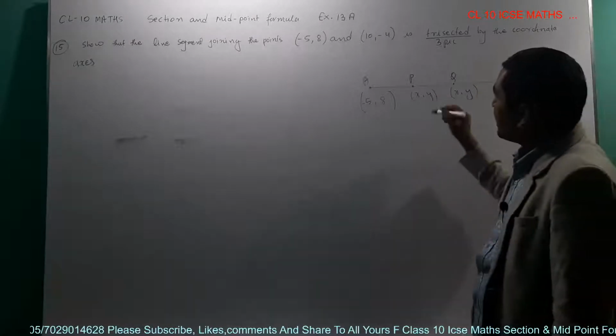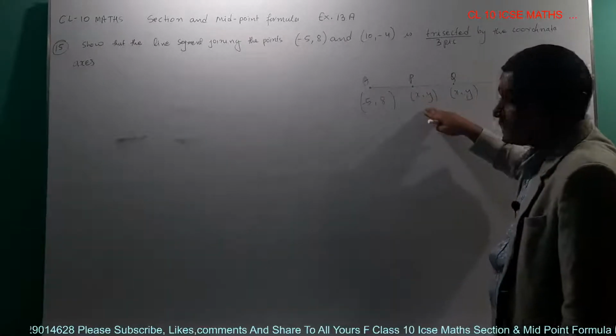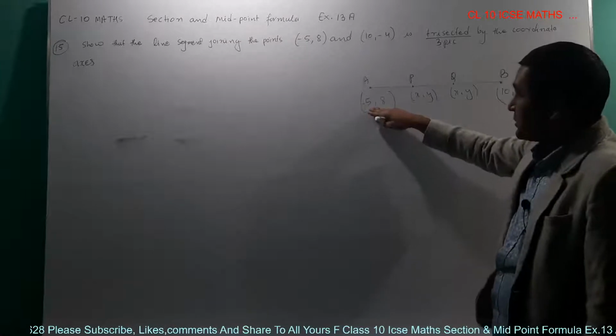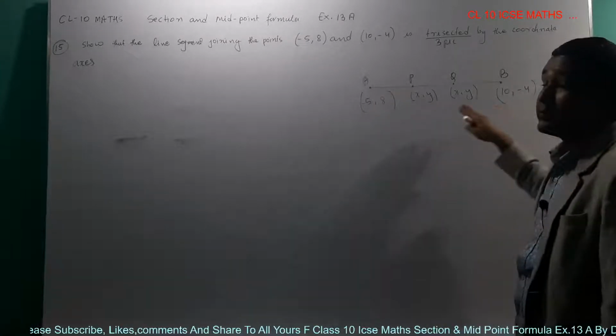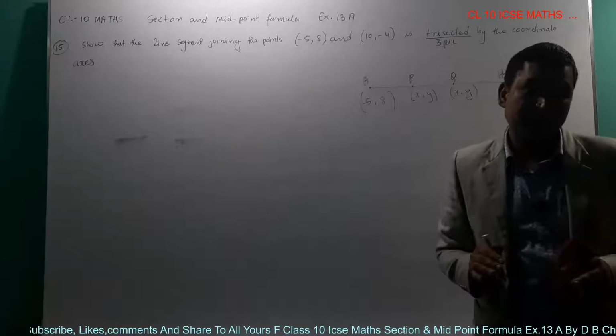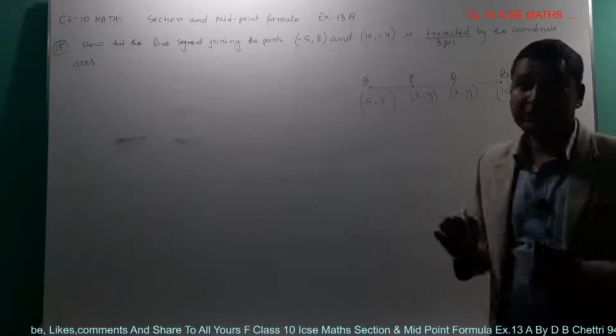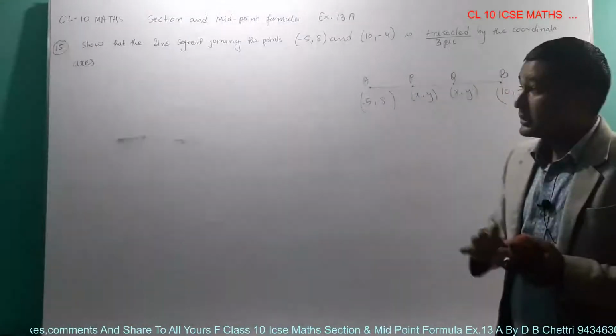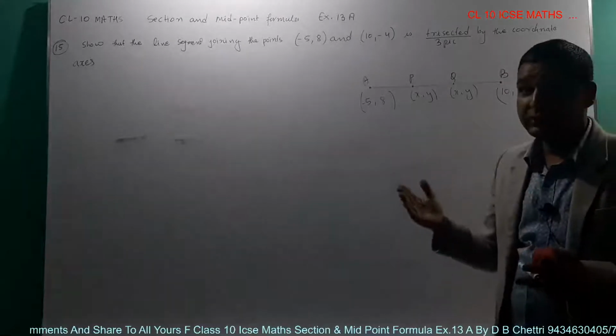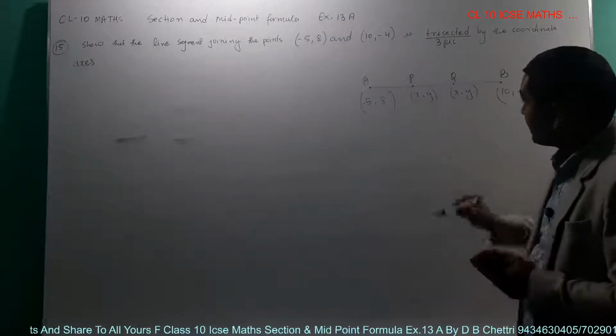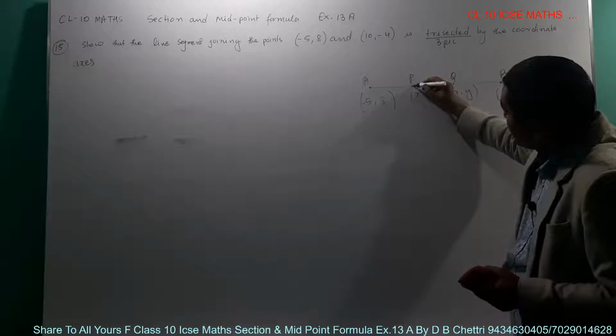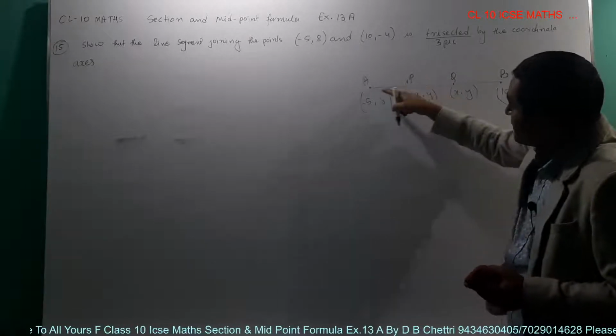And how do we find the coordinates? If the end points of the line are given, to find the coordinates we need the ratio. Okay, in what ratio is this point there? Then how do we find the ratio? Now look here at P. How many pieces are there from A to P?